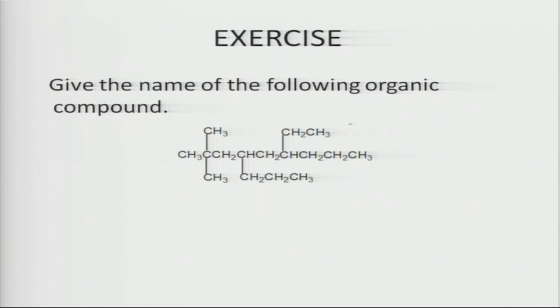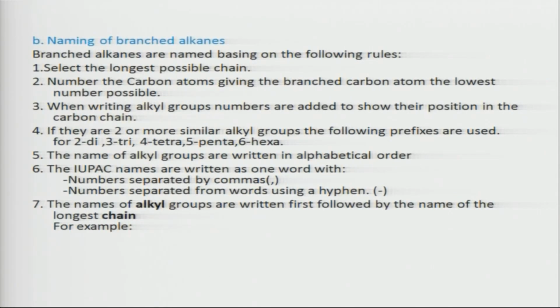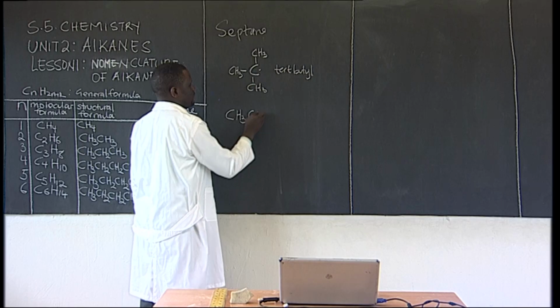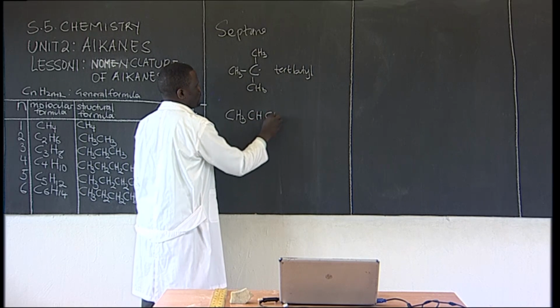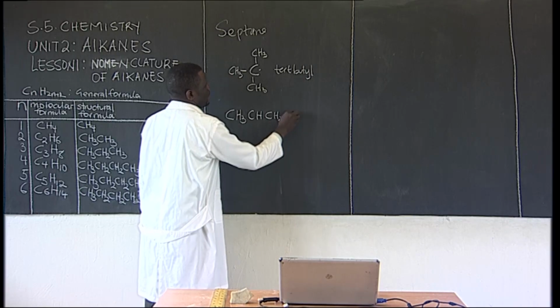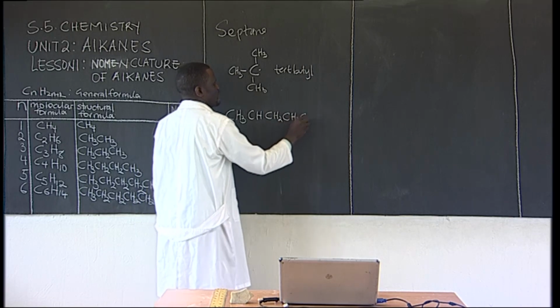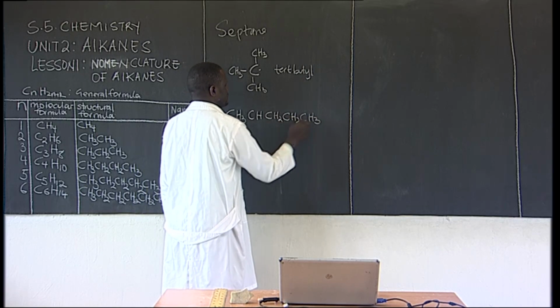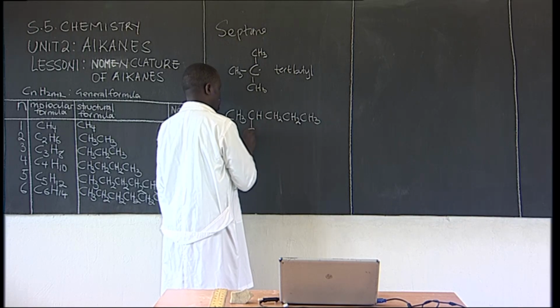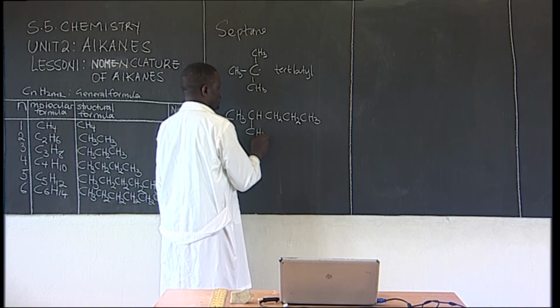Then we have examples here. So we are going to look at different examples. Now you can look at your blackboard. We have here an example. So we are going to use some of those rules to name some of these organic compounds. So supposing we have such an organic compound, this is a branched organic compound.